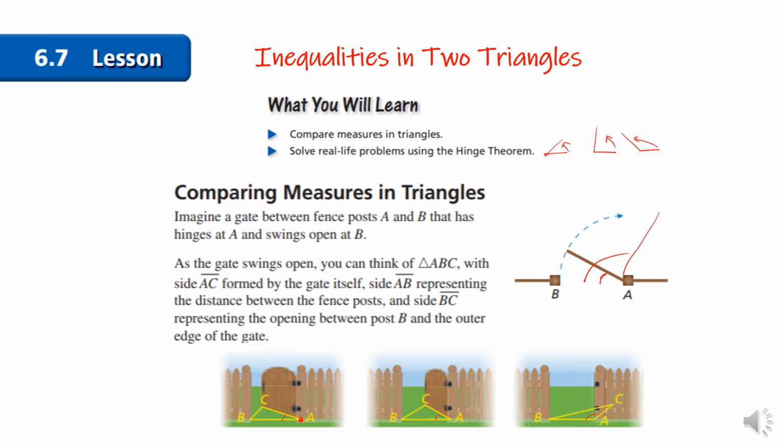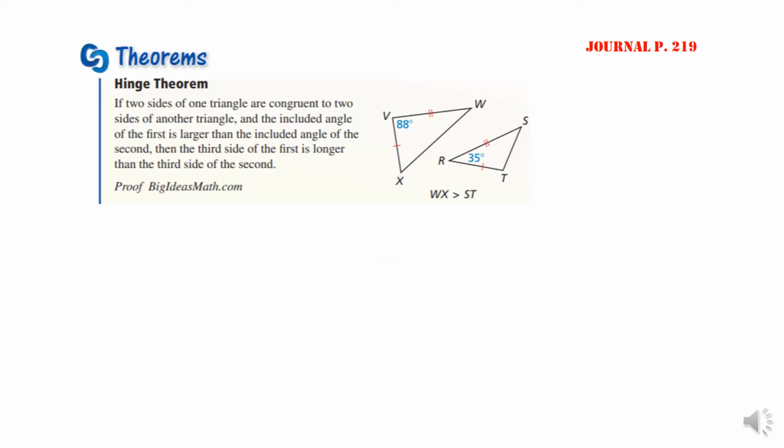Okay? So, the hinge theorem is that if two sides of one triangle are congruent, and this is the key, you have to have the two congruent sides.